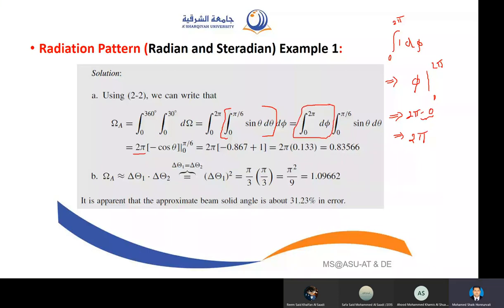Similarly, now you calculate for this function. Integral 0 to 30 sine theta d theta. What is the integral of sine theta? Anyone? I hope you are all good in maths. Integral of sine theta, please.